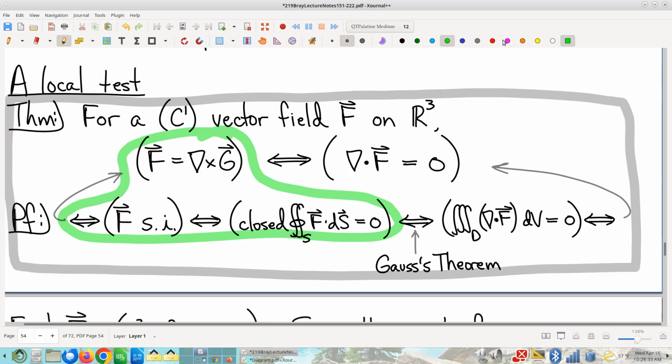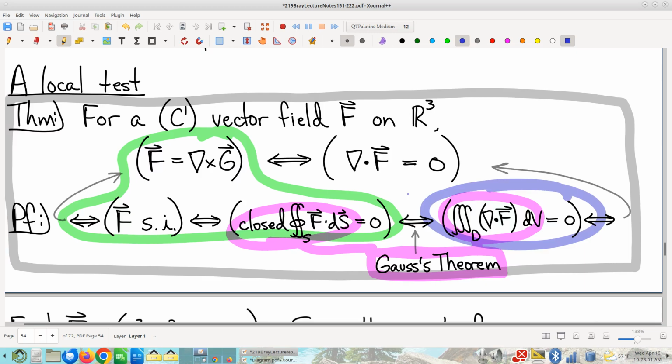And as predicted, we have this perfect little opportunity to bring up Gauss's divergence theorem because we have a closed boundary flux, and Gauss's theorem tells us that those are triple integrals of divergence, and it's all downhill from here. We have this thing called divergence, all of whose triple integrals are 0 everywhere, no matter what domain, any domain, all domains.